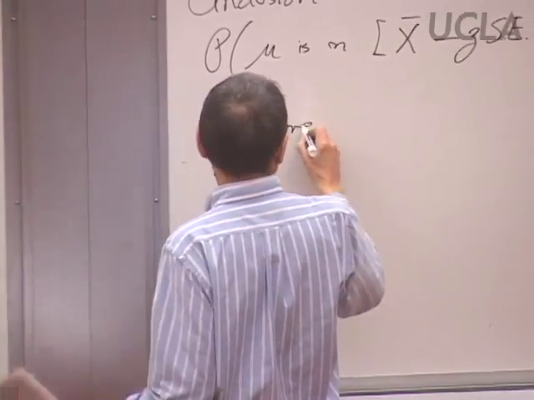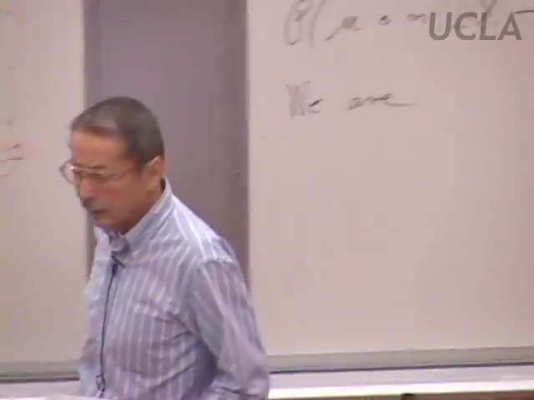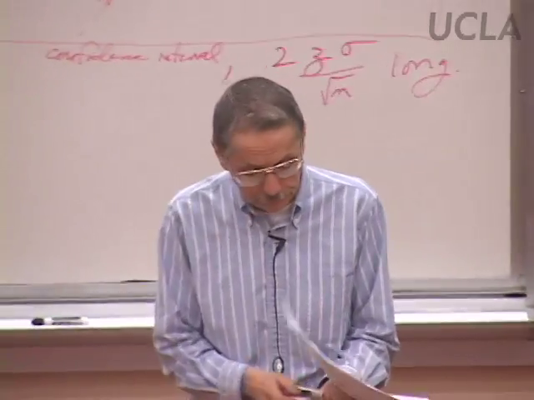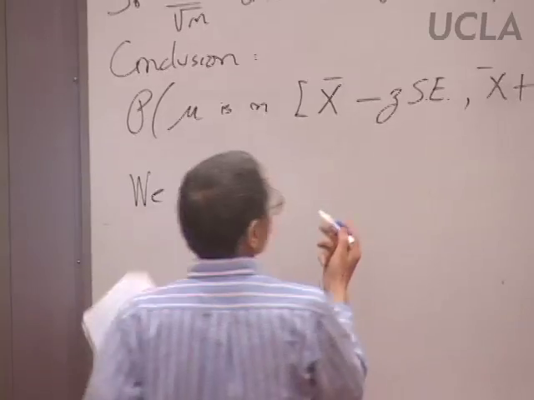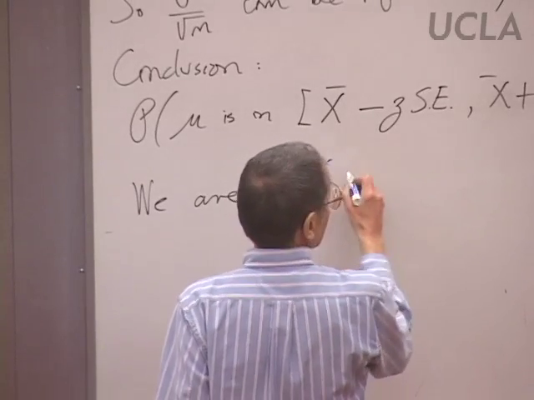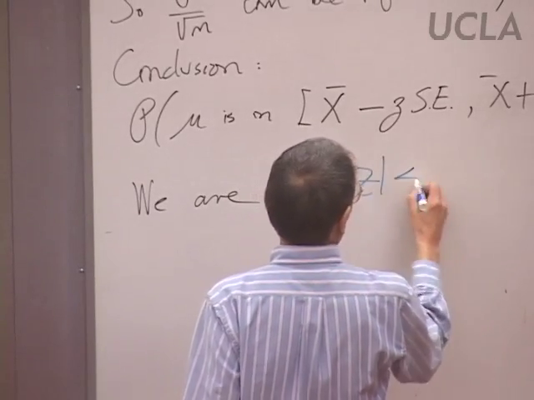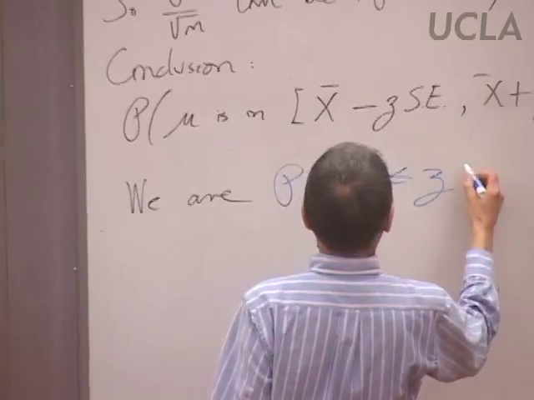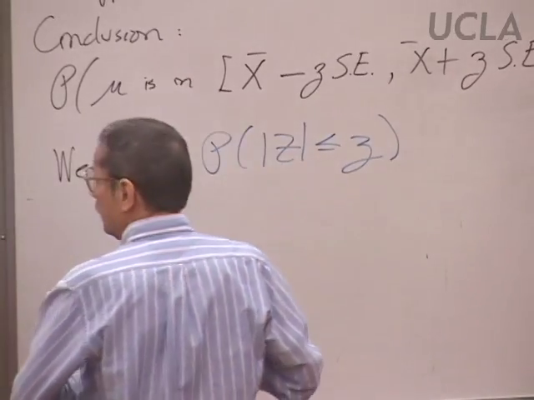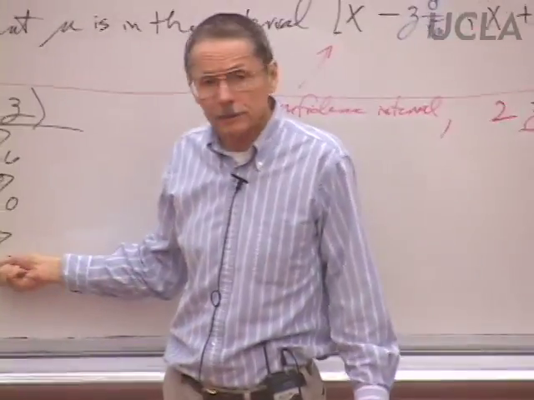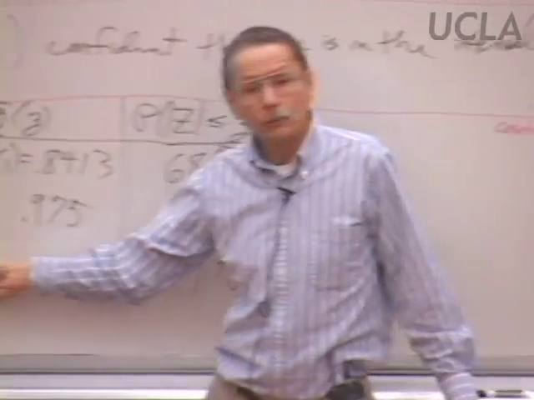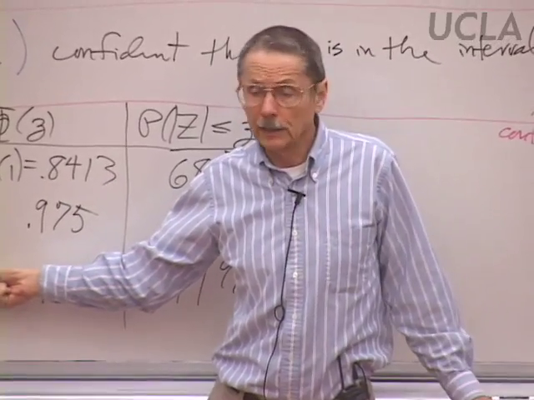That is, we have a certain degree of confidence, and we can say what that degree is. If we want 99% confidence, we'd better take our z value of 2.58.